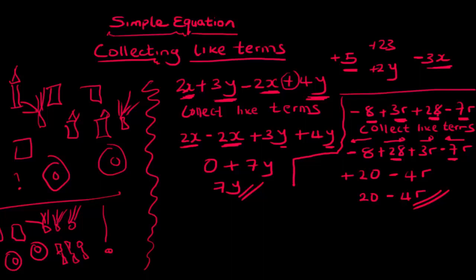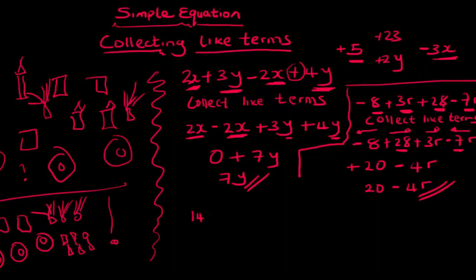So if I've got, say, 14y minus 3z plus 20y minus 5 plus 13k minus 30. Wow. Now remember, collect like terms.